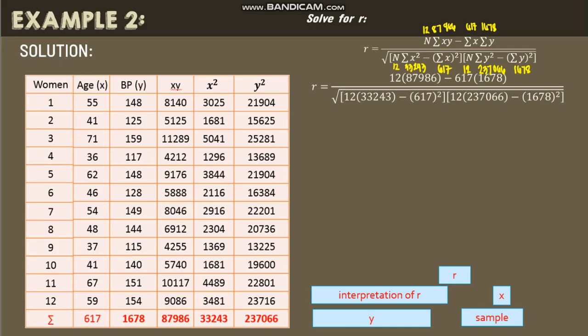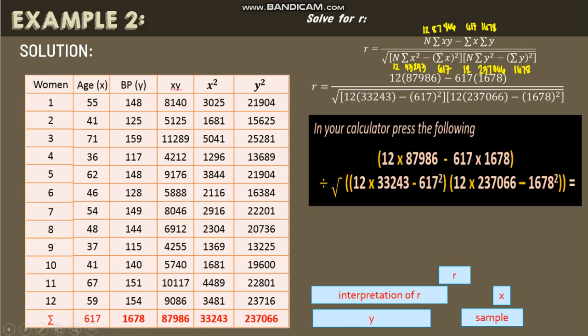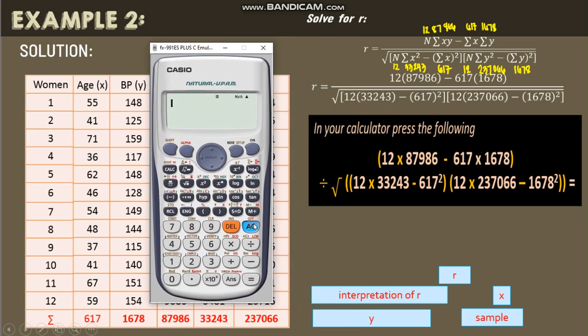And then for the calculator, ganito nyo po siya i-input. Okay, so input natin yung mga... Okay, open parenthesis, we have 12 times 87,986, minus 617 times 1678.